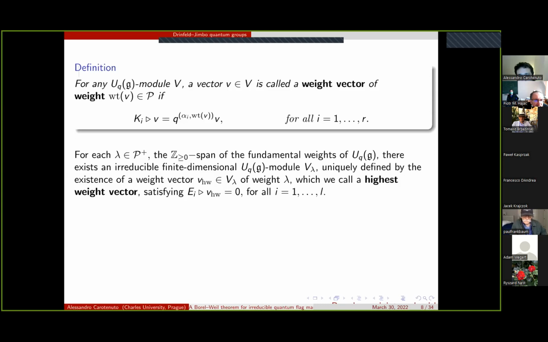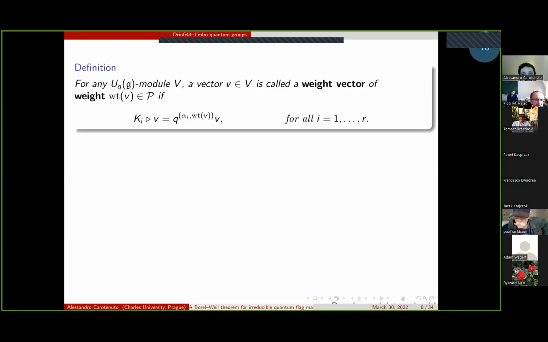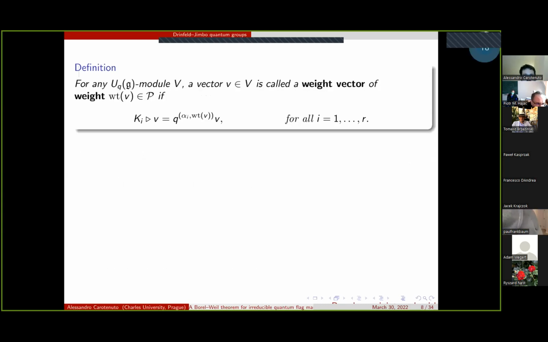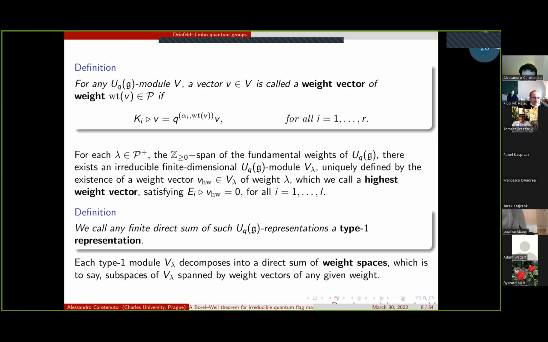P is basically Z to the power r, where r is the rank of g. Yeah, thank you. Okay.